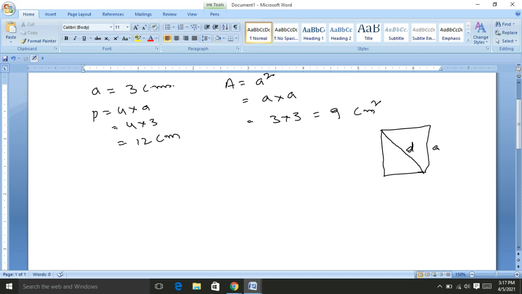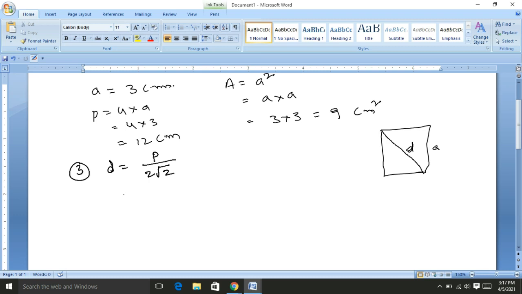Suppose we know the diagonal, the relation between the third formula, right? d equal to p by 2 root 2 actually. Again, we are going to consider the length of the side of the square equal to 3 centimeters.